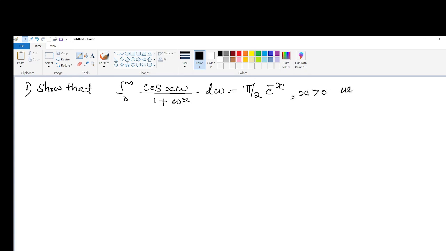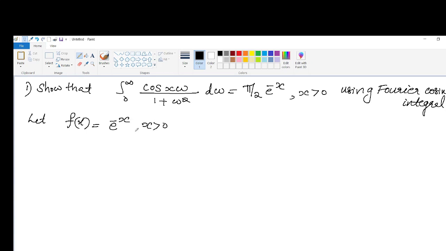Here we want to use the Fourier cosine integral. So here we want to choose f of x. Now f of x is equal to e raised to minus x for x greater than 0. So using this function we can calculate a(ω).